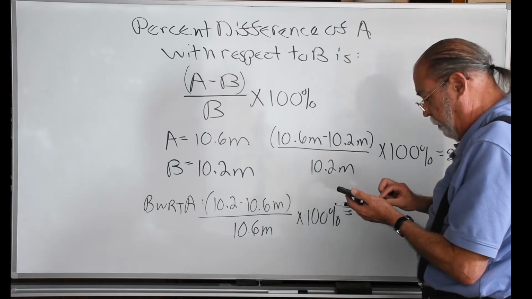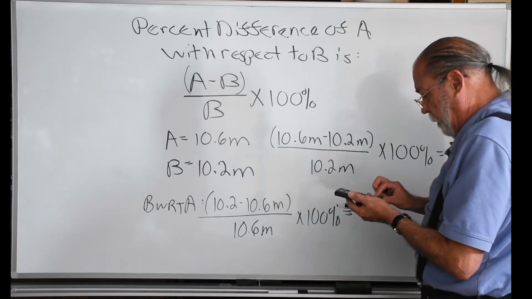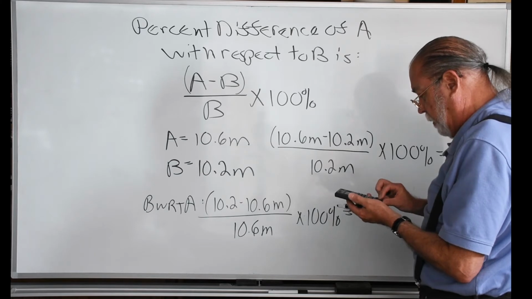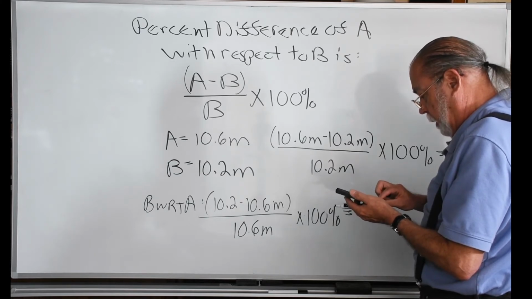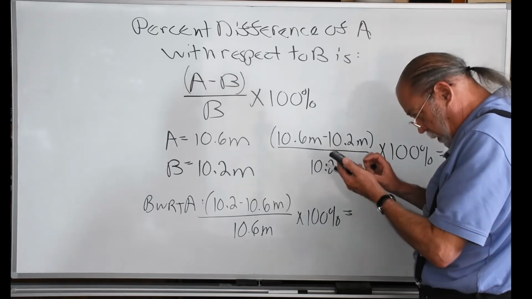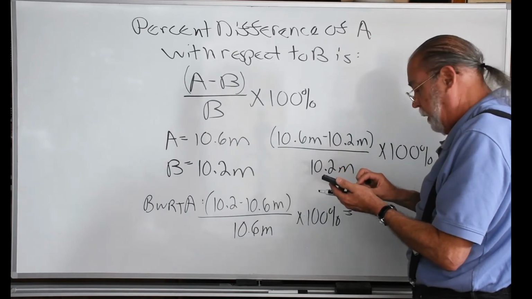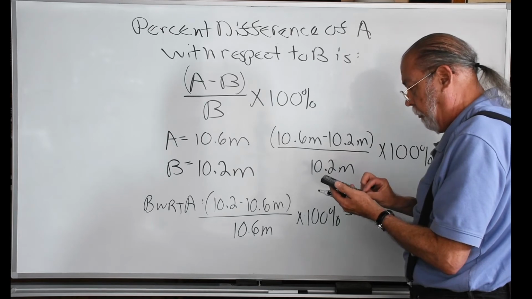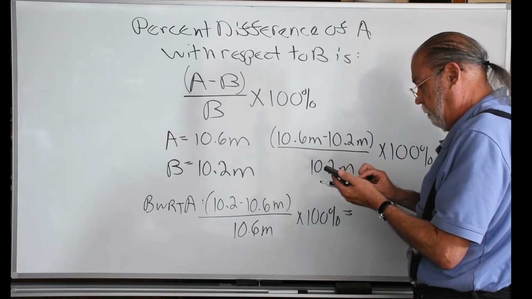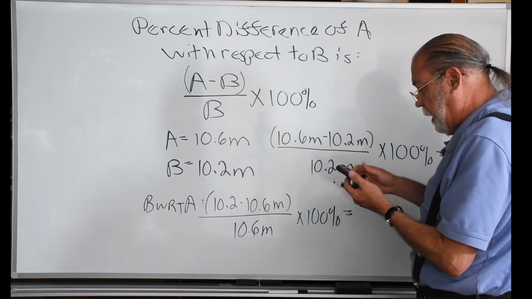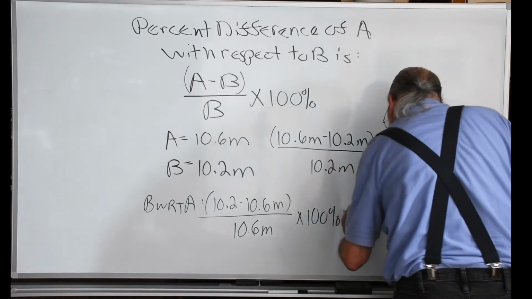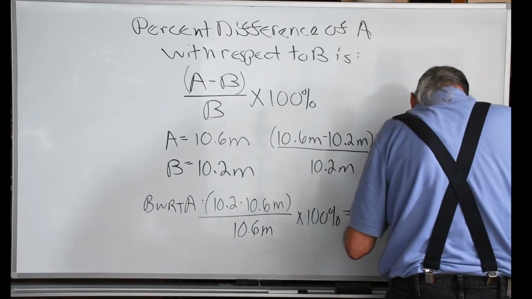Let's see, 10.2 minus 10.6 equals, divided by, and in this case I get negative 3.7% or negative 3.8%.